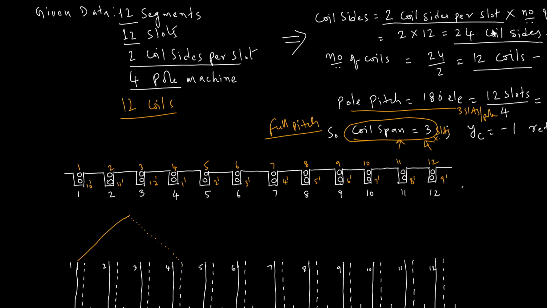If I multiply it by the slot angle, it will come to 180 degrees. The coil span is 3 slots, or 3 into slot angle gives me 180 degrees electrical.